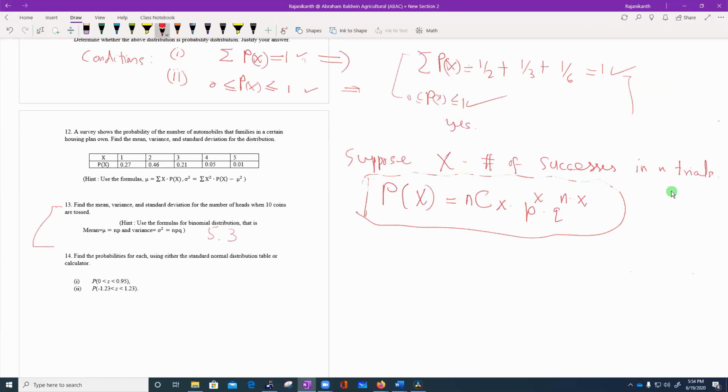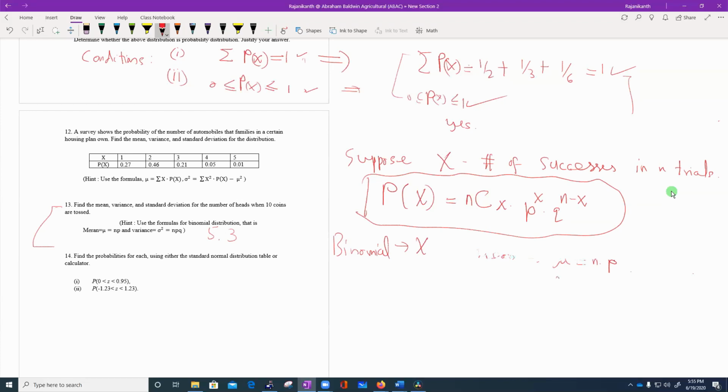Okay. Suppose you have a variable which is binomial, then we could find the mean, standard deviation, and variance of this variable x. The mean of the binomial variable x is given by mu, that is n times p.